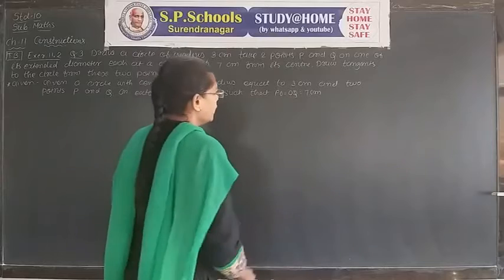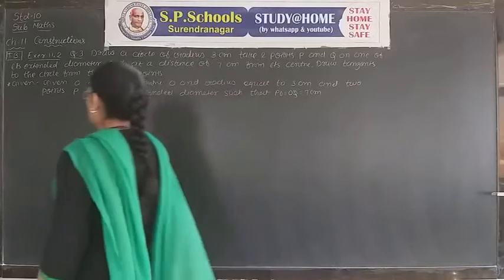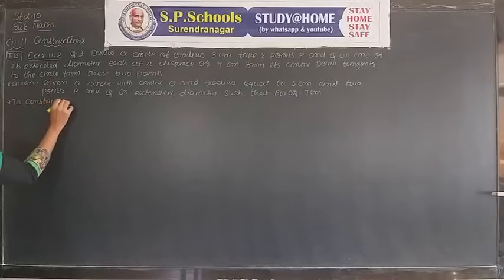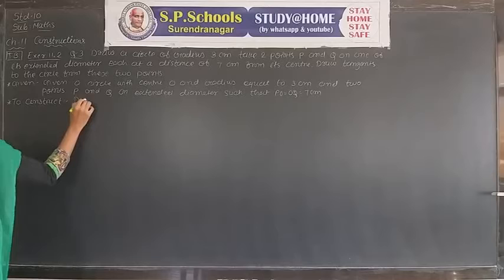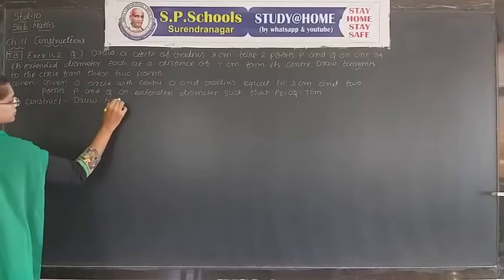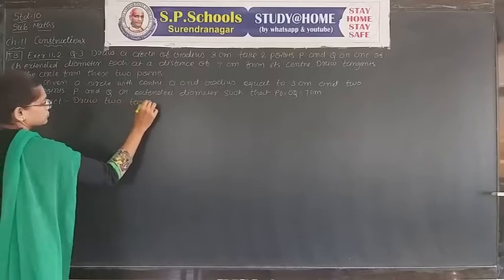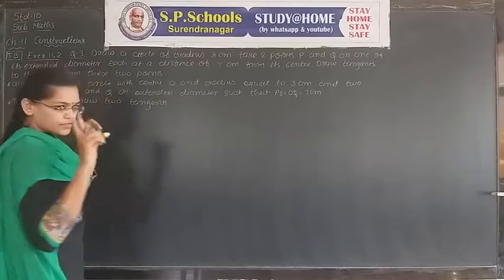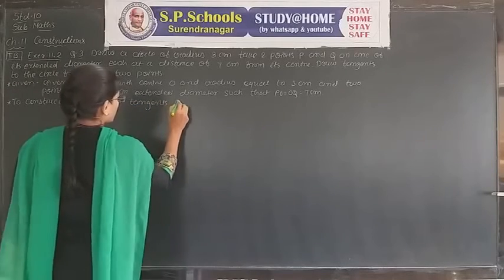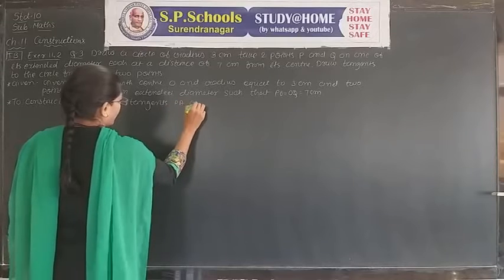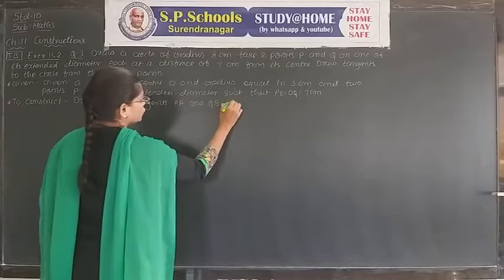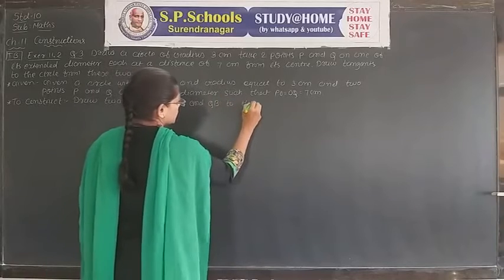Now, to construct: draw two tangents from these 2 points, from P and Q, PA and QB, to the circle.